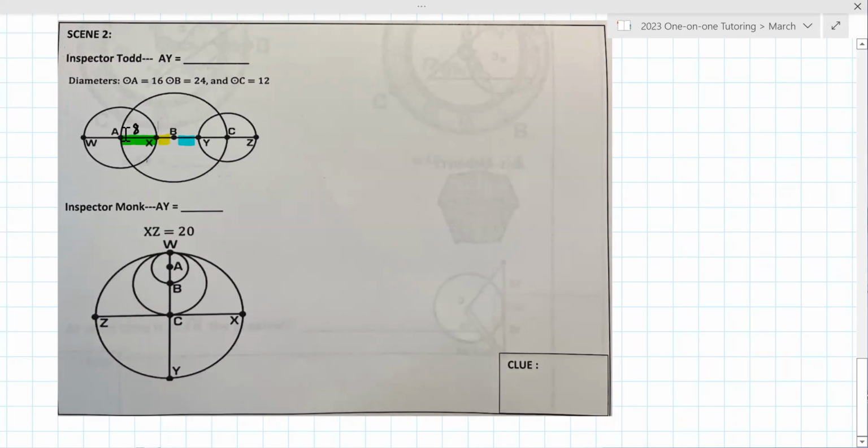Yeah, B to A is 12, which means this little piece in here is 4. Is that okay? Yeah, that makes sense. Circle C has a radius of 6, and then B to C is 12 minus 6, which is 6. So AY is 8 plus 4 plus 6, which is 18.